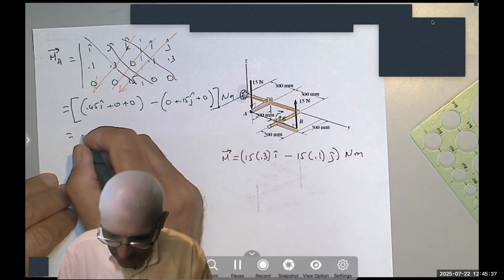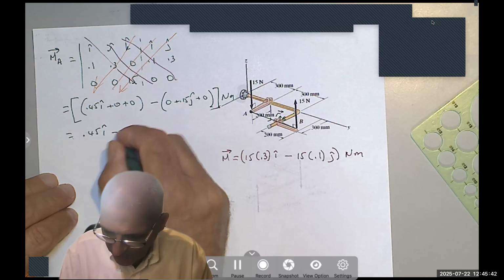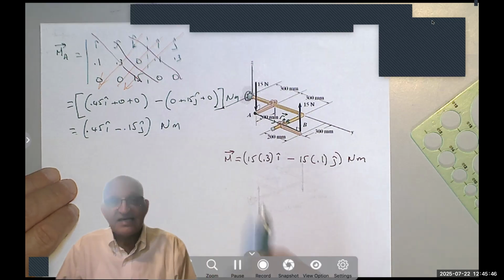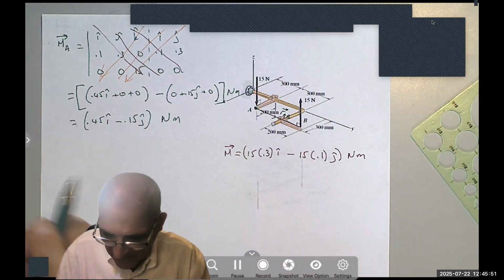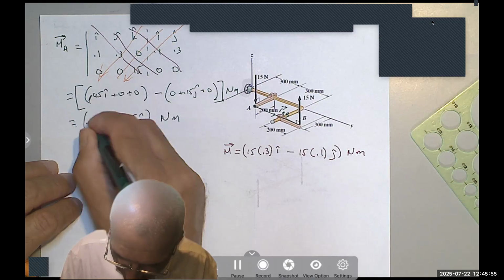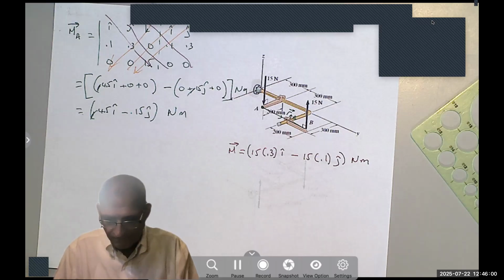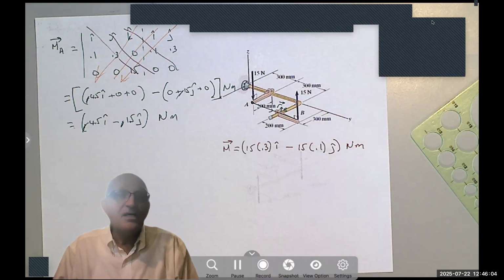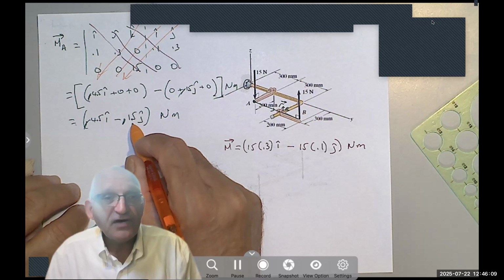So the moment would be 0.45 i minus 0.15 j Newton meter. I'm sorry, 15 times 0.3 is 4.5. I'm so sorry. This is 4.5, and this is 1.5. Oh my God, I can't even multiply. So 4.5 i and 1.5 j.